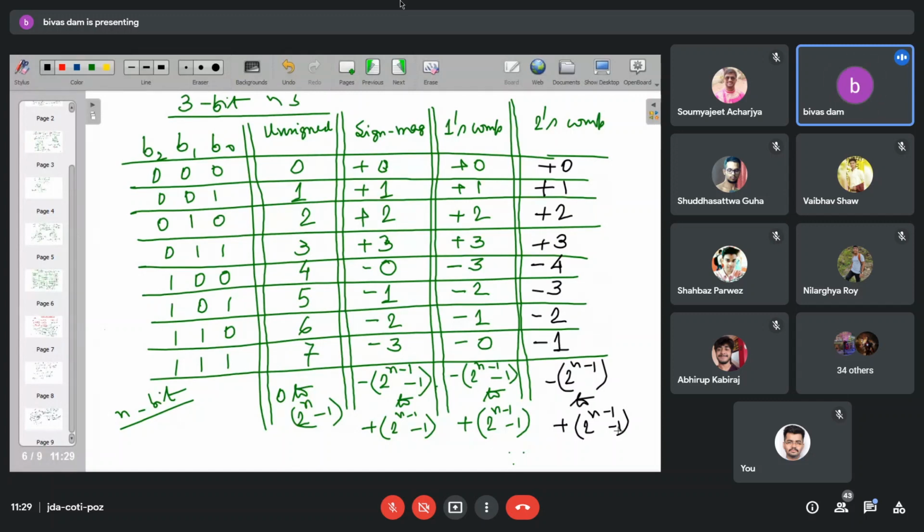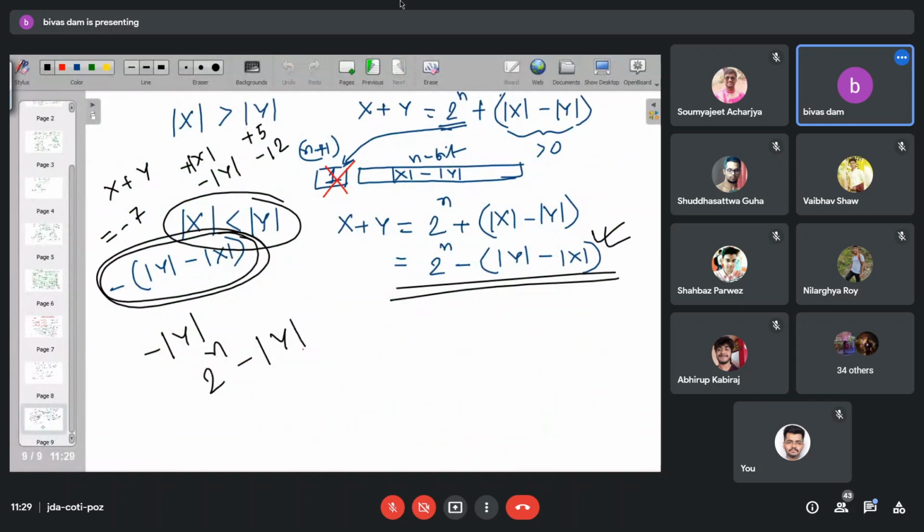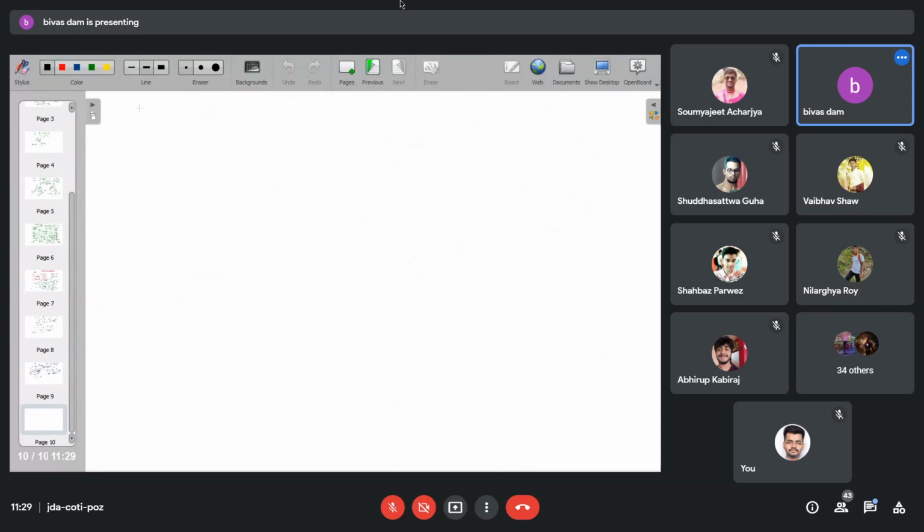So please try to remember these ranges. Let's go for these 5 combinations.